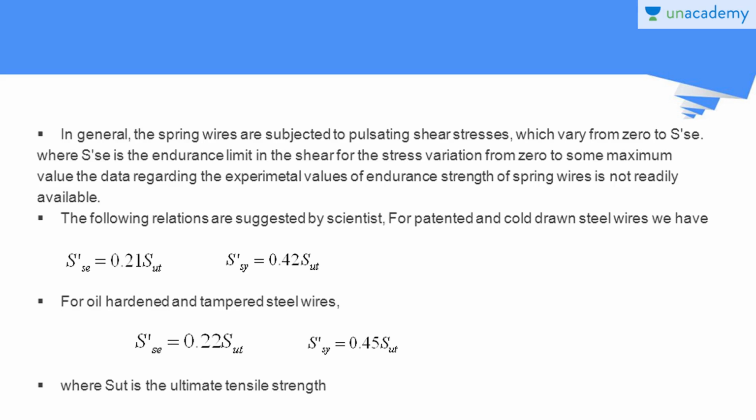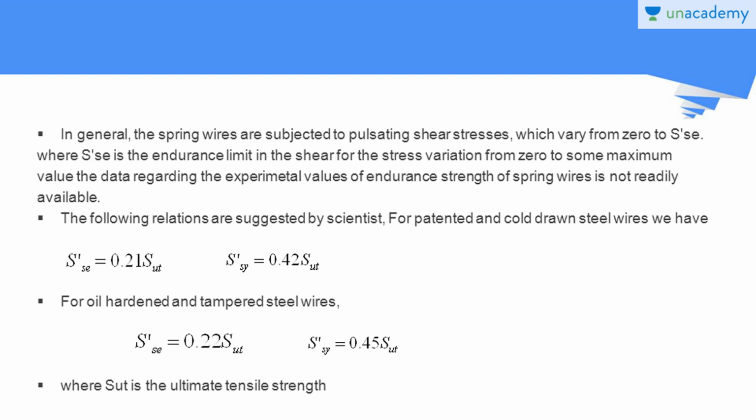That's why we have some scientific relations between the endurance limit, the shear yield strength and the ultimate strength of the material. For patented and cold drawn steel wires, we have S'se equals 0.21 Sut and S'sy equals 0.42 Sut.